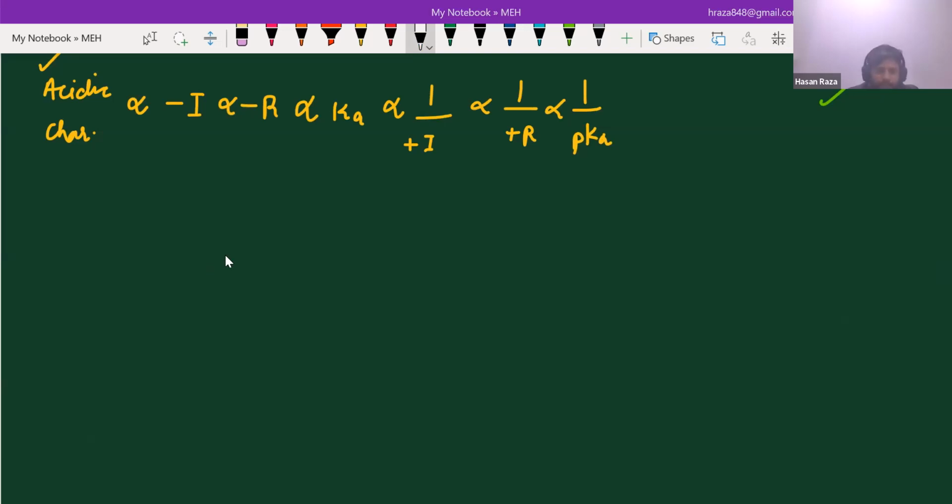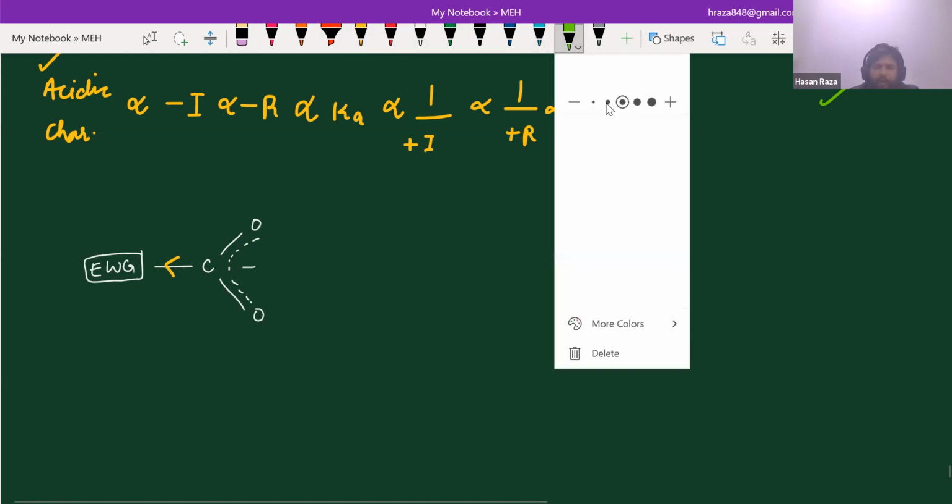This is your C, and this is your O, and this is also your O, which is the resonance hybrid. This is the negative sign. And if there is an electron withdrawing group, that means it will attract or take electron from carbon. In this, it will be more stable. So I'm going to write a point about this.